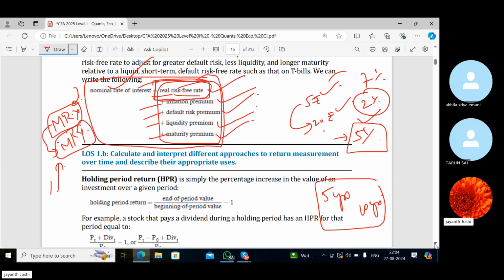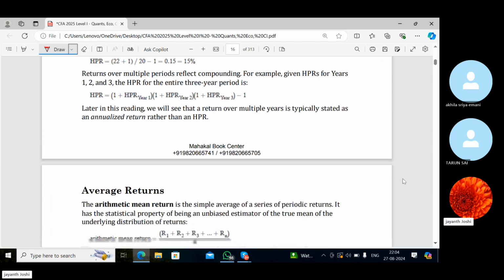So now you learn a concept. Nominal rate is the rate which considers the inflation factor impacting your returns. You can expect the nominal rate of return if you're investing in 5 to 10 year maturity securities.